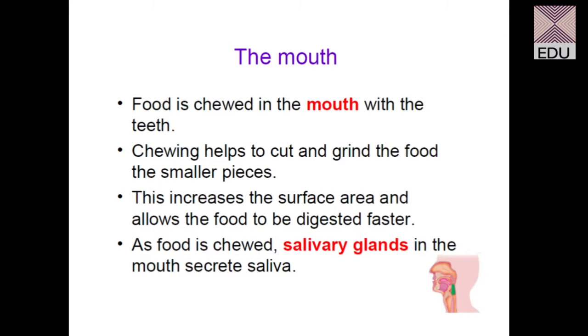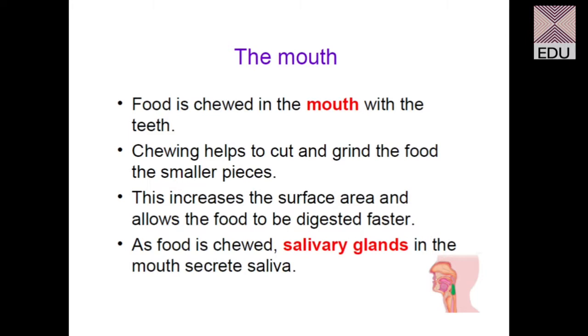So in lieu of this particular condition, they have got gizzards in their alimentary canal. So they are chewing the food in the gizzard rather than in the mouth. But here, if we are taking a typical vertebrate, food is chewed in the mouth with the help of the teeth.